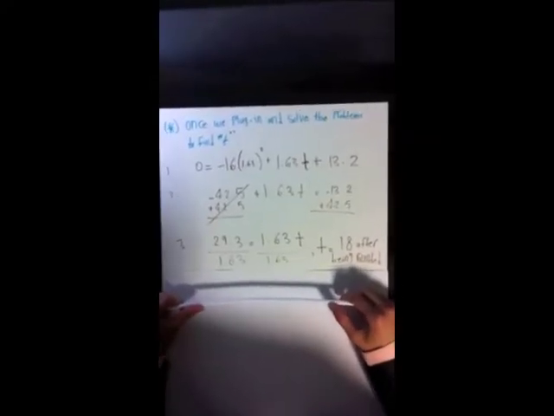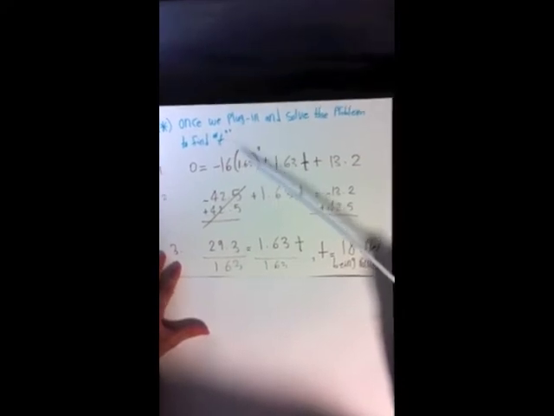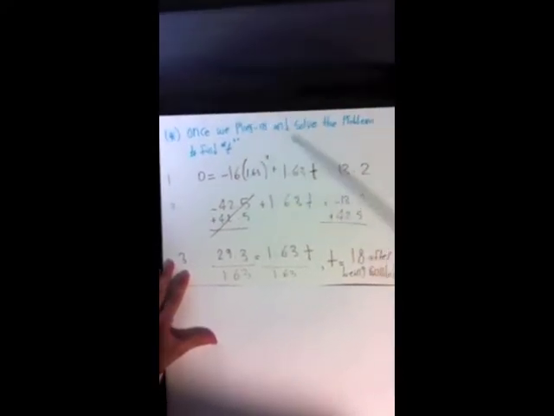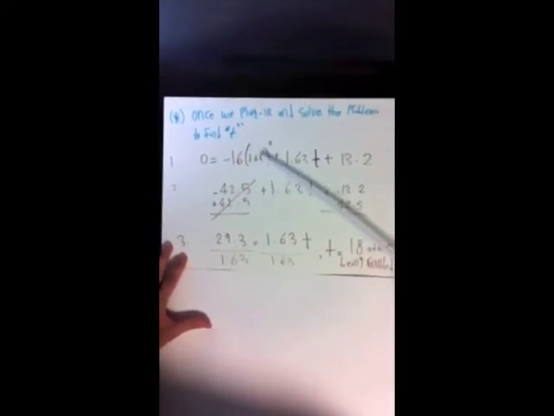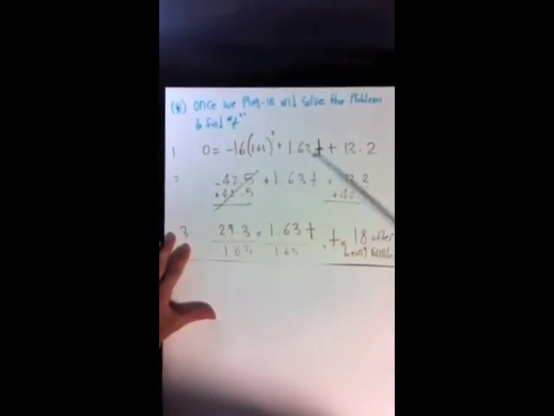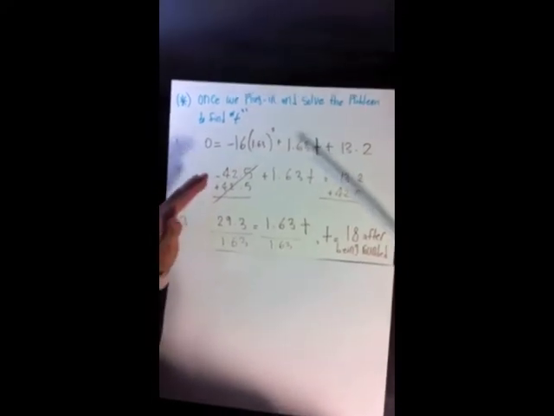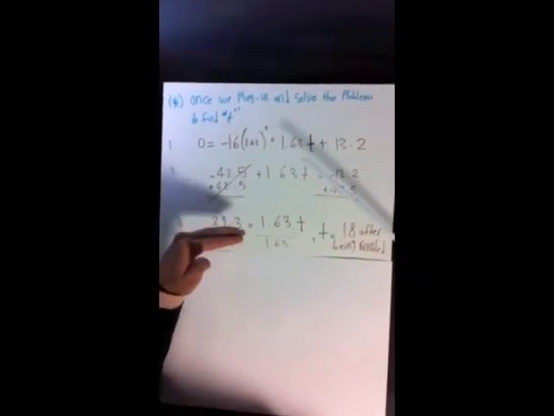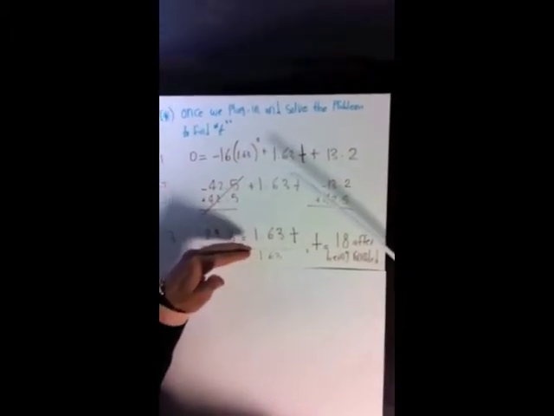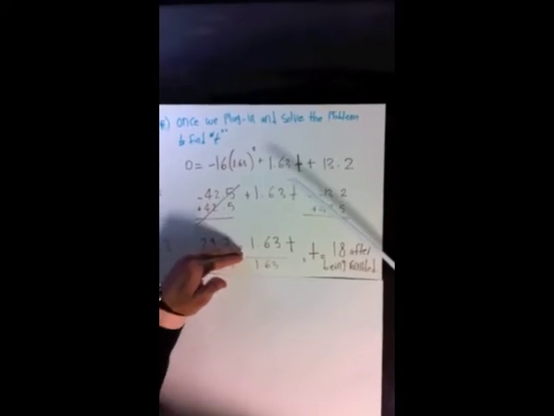Once we plug in and solve the problem, we plug in the 1.63 from the timer because we are trying to find the velocity. We solve it step by step until we get 29.3 equals 1.63 v, and we got 18 after rounding.